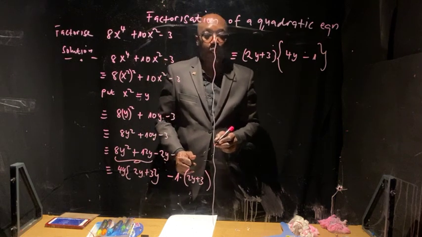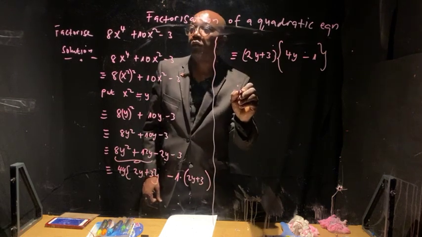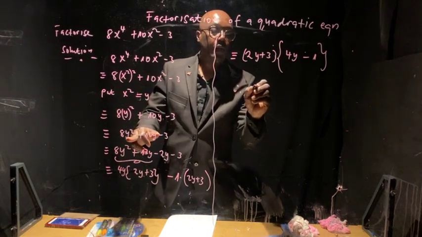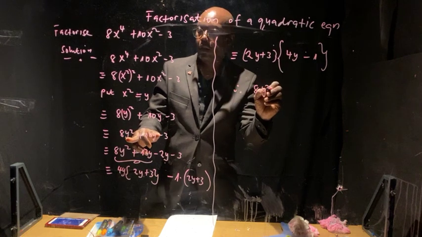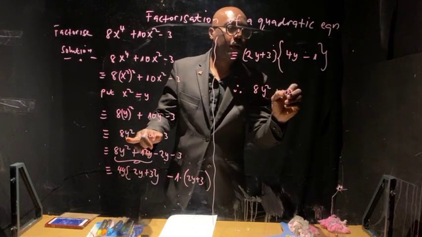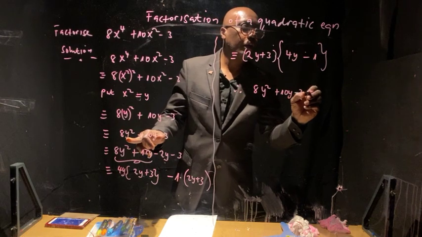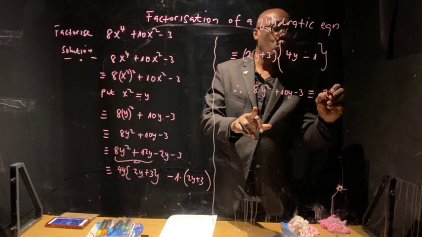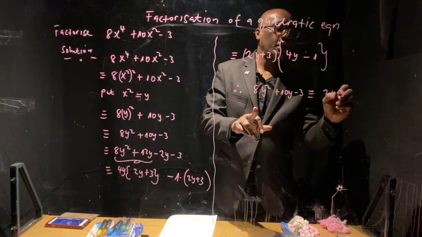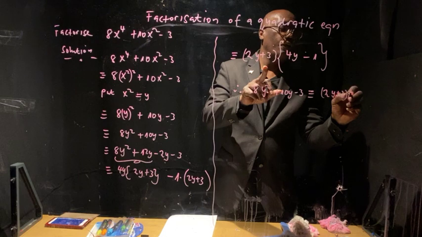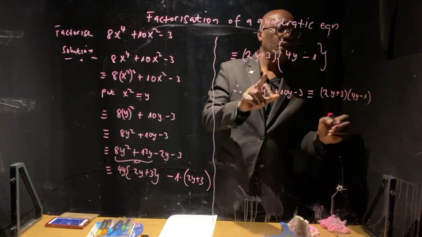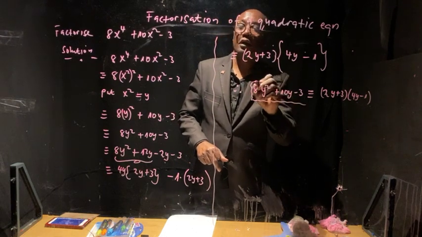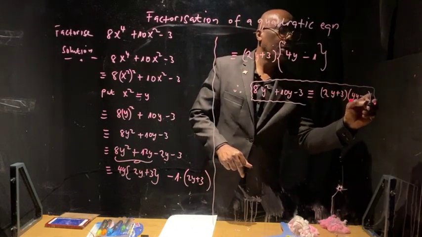Therefore, 8y squared plus 10y minus 3 is very much identical to 2y plus 3 times 4y minus 1. Good. I'll call this one equation alpha.